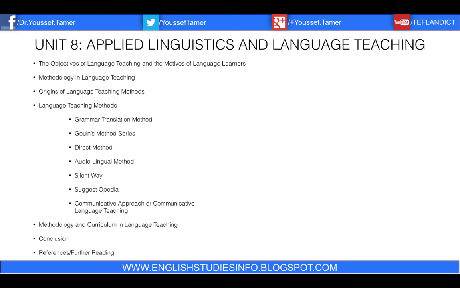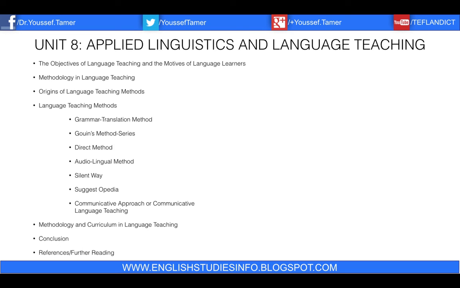And finally, applied linguistics and language teaching. Now we can move into applied linguistics and language teaching. And in this regard, we are going to focus on the teaching theories and approaches. We will talk about, first of all, the origins of language teaching methods, how they began and how they developed.